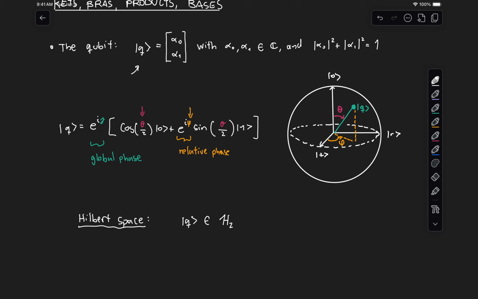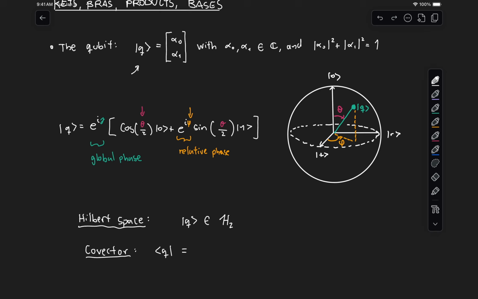The next important concept is that of what is sometimes called the covector or the dual vector of our state vector Q, which is represented by the bra of our state vector, which was a concept we introduced when we discussed the vector representation of classical bits.